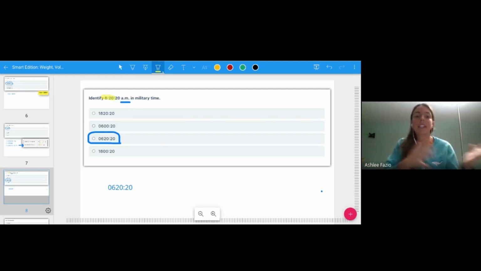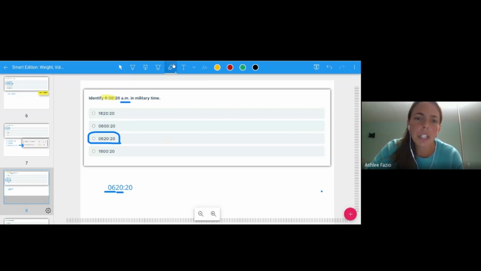Instead of saying 6 a.m., I would say 0600 hours. That's how I would say it in military time. So when we write it, that 6, then the colon and the 20 would just become 06, and then we drop the colon. We don't need that for this part, and then we have the 20.